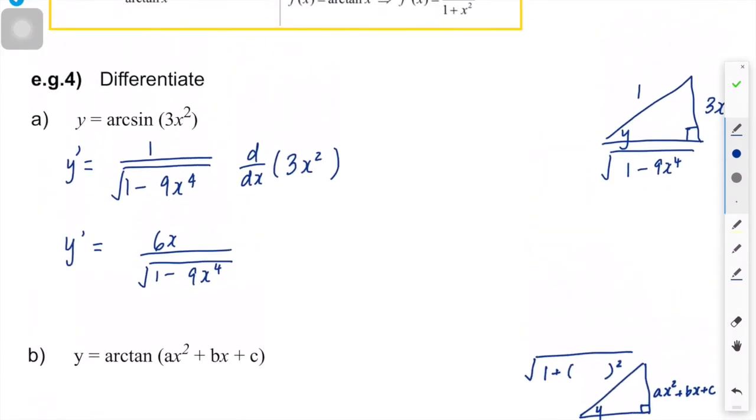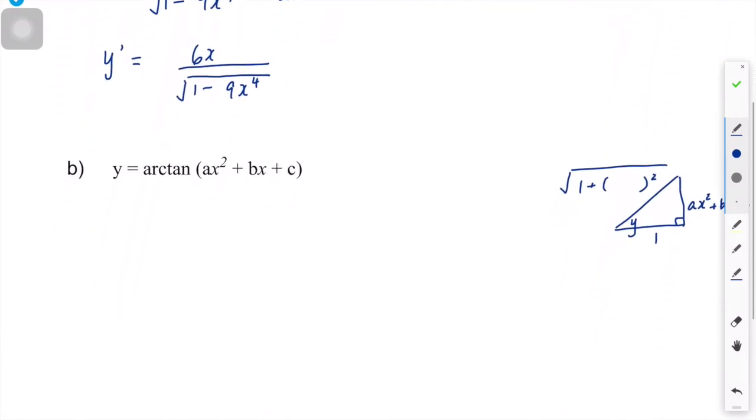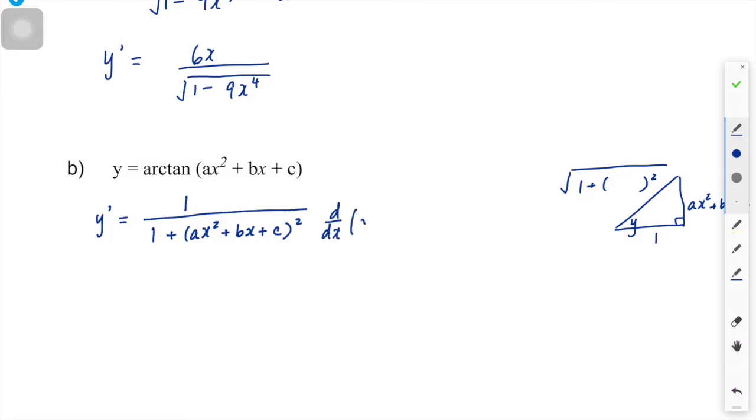However, we know that in arctan, the formula says we have to square the x part. So now I know that this is going to be the derivative: 1 over 1 plus ax squared plus bx plus c all squared, and then multiply by the derivative of that same quadratic.